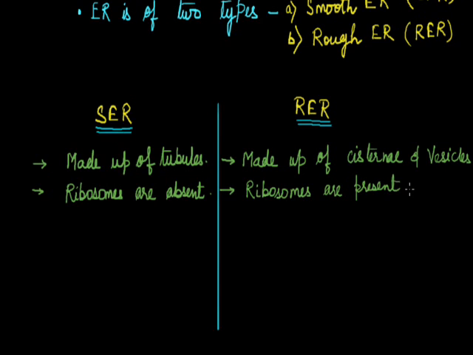And due to lack of ribosomes, the appearance of endoplasmic reticulum becomes smooth, therefore it is known as smooth endoplasmic reticulum. Now regarding their functions, the main function of SER is synthesis of polysaccharides, steroids, lipids.